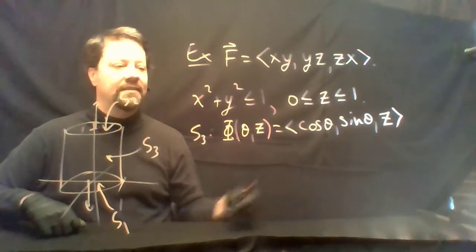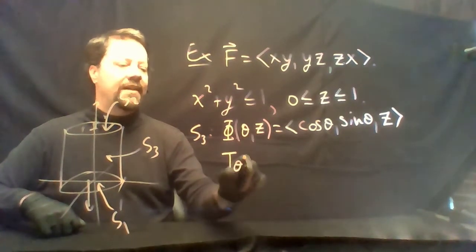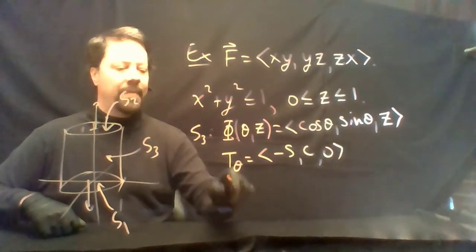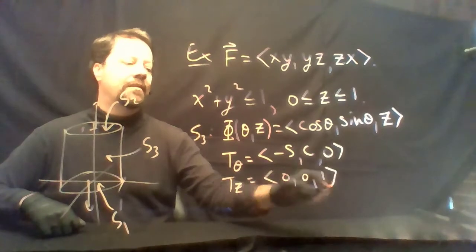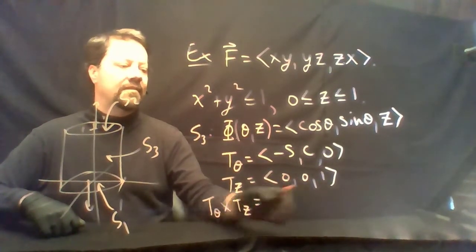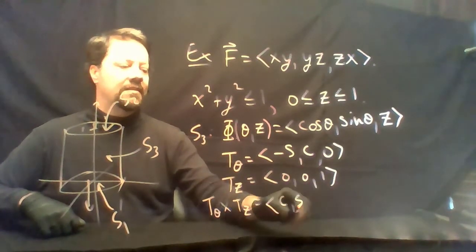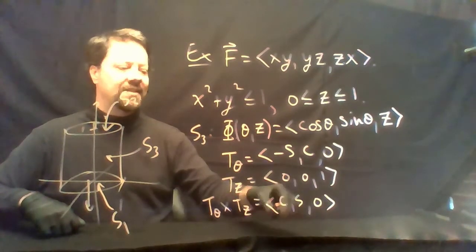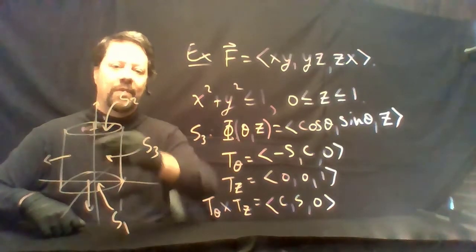R has to be 1 there. Theta is unconstrained. So T theta will be minus sine, cosine, 0, and Tz will be 0, 0, 1. T theta cross Tz will be cosine, sine, and then 0. It makes sense that the normal vectors on the edge should have a 0 component, no matter what direction you point.